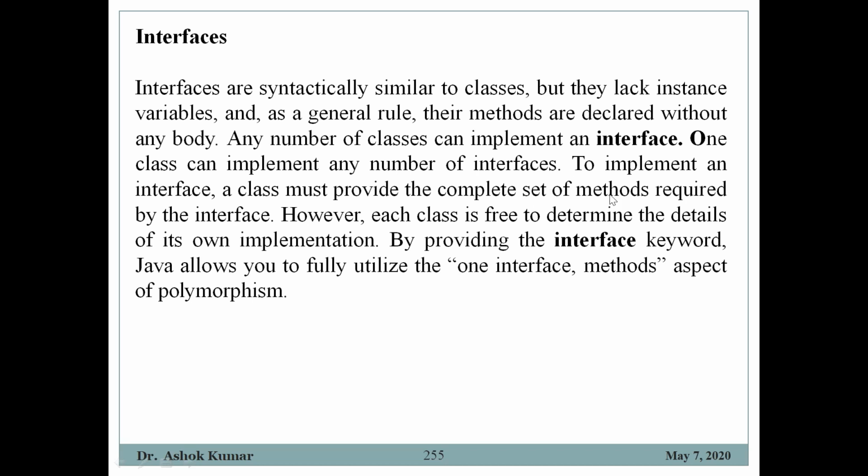We need not write the definition of the methods, and by default, the methods that you declare in an interface are public by default, and the variables that you declare in the interface are static and public, and also final by default. So we will discuss these features of interfaces in more detail with examples.